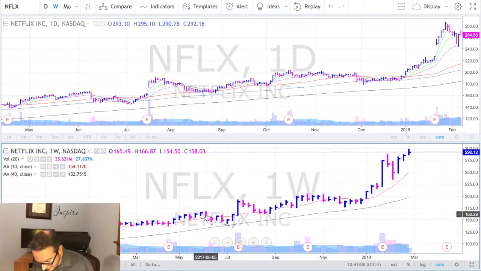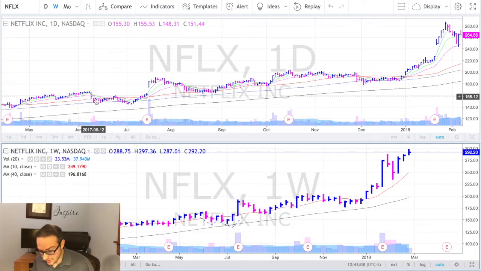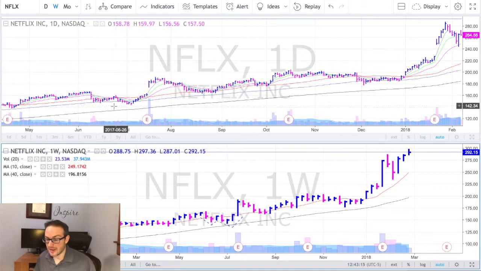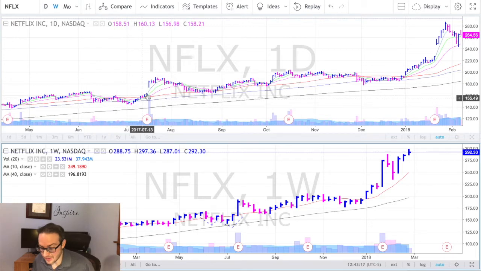Right, so that's right there. It starts to consolidate, tries to rally, undercuts that low, and then rallies thereafter. That is this move right over here. It actually looks a little bit clearer on that daily chart, that W pattern.